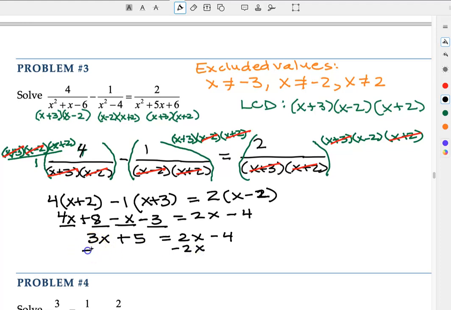Okay, I'm going to subtract my 2x over so I can get my x's together. That just leaves me with an x. And then I subtract the 5 over, and I get negative 9. So x equals negative 9. And that's a good solution because it's not one of my excluded values. So I'll say, yep, that is one I'm going to keep.